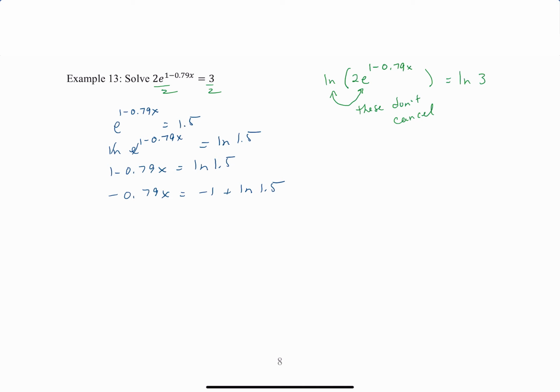And then we'll divide out the negative 0.79, leaving us just an x on the left. And we get x is about 0.753.